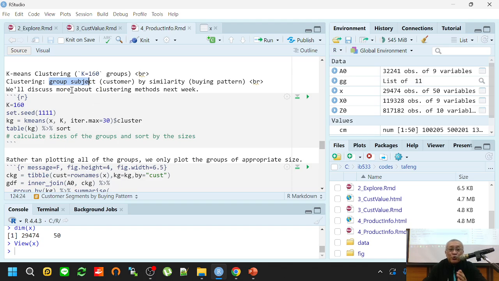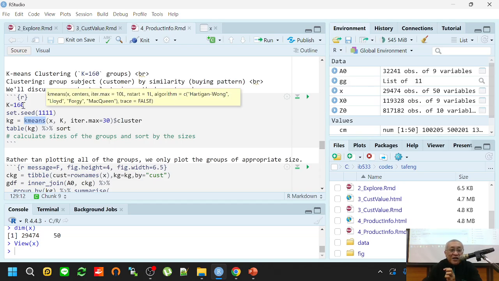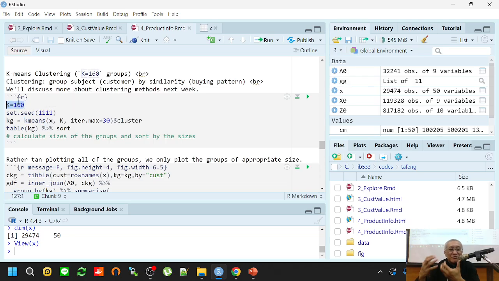In this case, we want to group customers by similarity, by similar buying patterns. Which means that by calling k-means, k is simply a constant, the number of groups that I want to group them into.